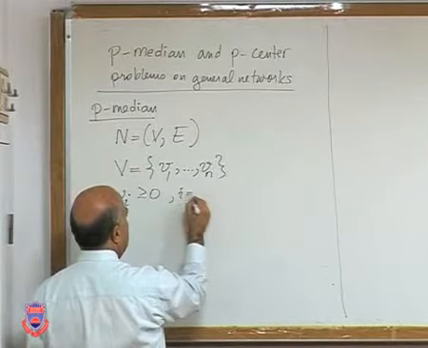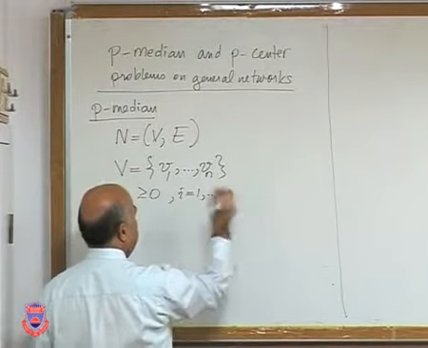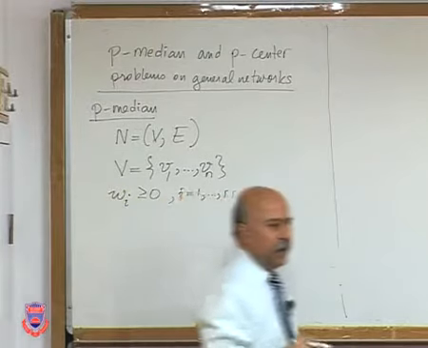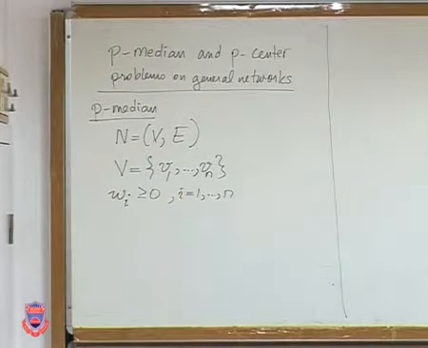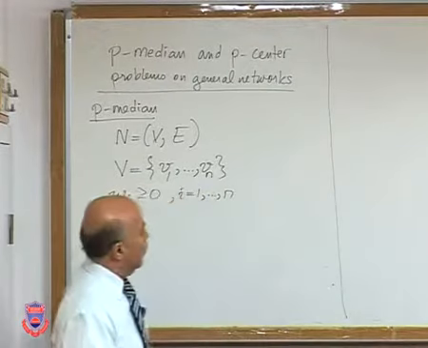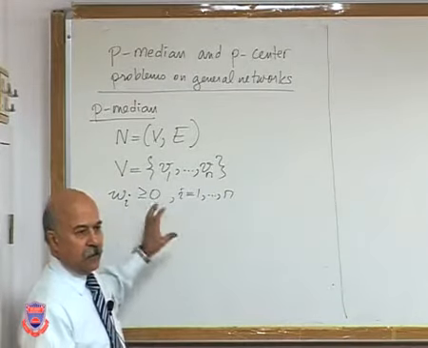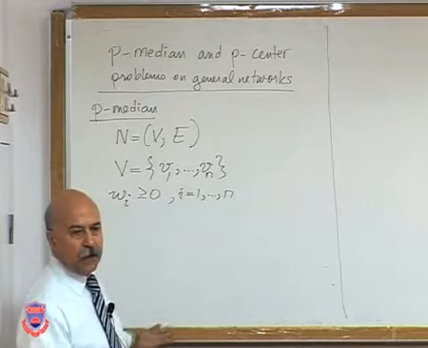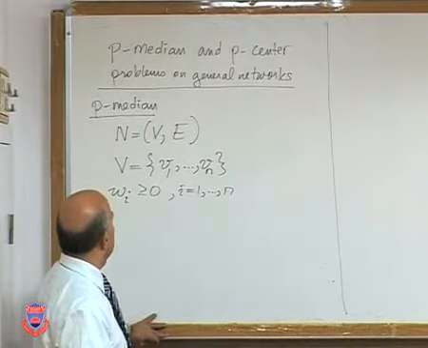And so this is part of the input data. And you've got your distances defined by shortest path length, so on and so forth. So the stage is essentially the same as before, as in the single facility case.